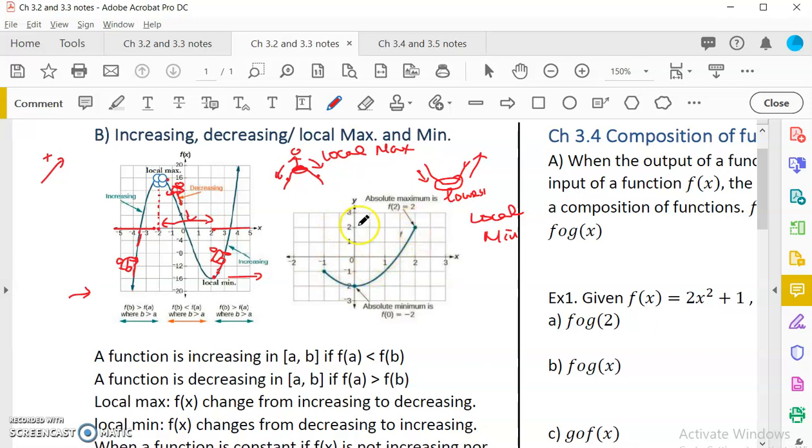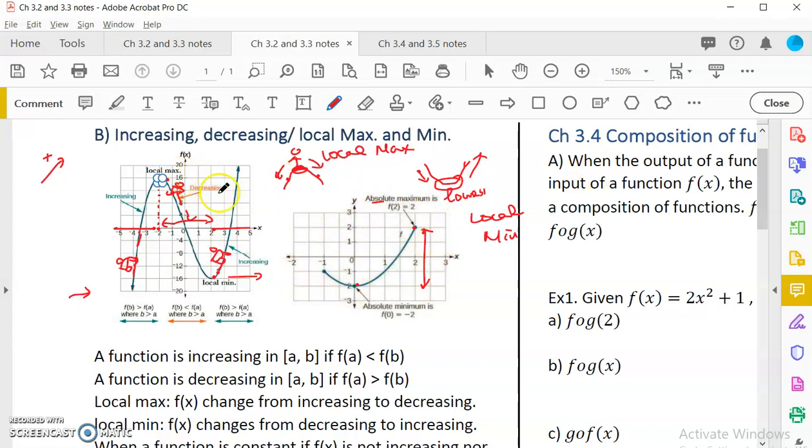In terms of all the points here, y would be between these values. The highest y is 2 and the lowest y is -2. So we say the absolute maximum is at x equal to 2, y is 2. The absolute means out of the whole thing.